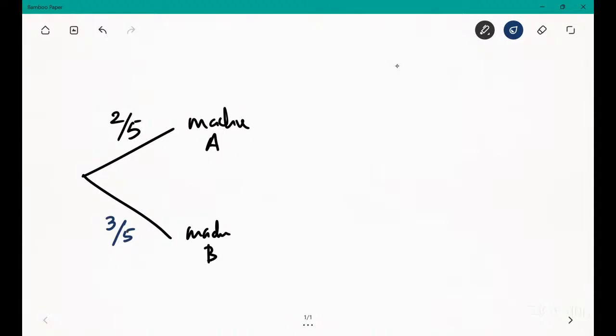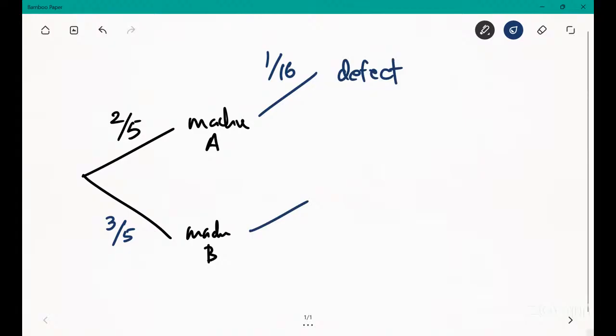Here they are saying the probability of a toy produced by machine A being defective is 1 over 16. So 1 over 16 is when it has a defect. And produced by B defective is 1 over 36.